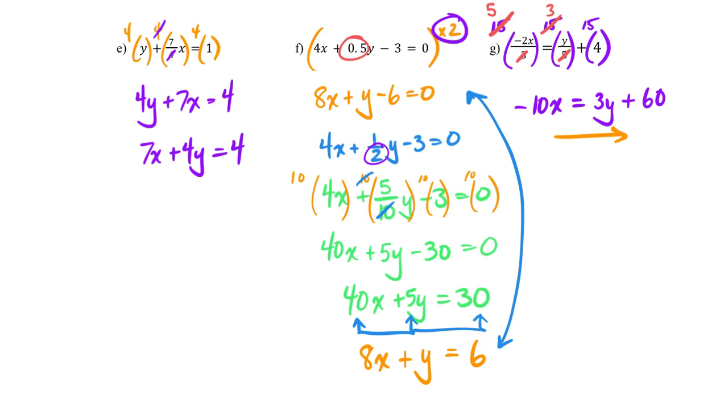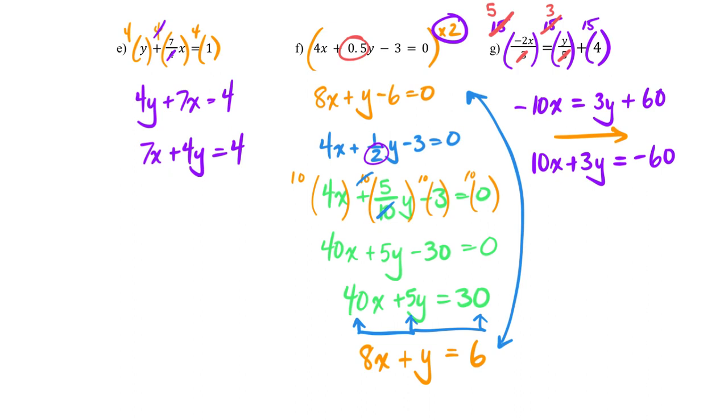So that negative 10x on the right would be a positive 10x. The 3y would still be on that side. But on the opposite side of my equal sign, I have to get rid of my plus 60. I'll have a minus 60. And there we go. Okay, hopefully not too bad. And we're getting comfortable at changing lines from other forms into standard form.